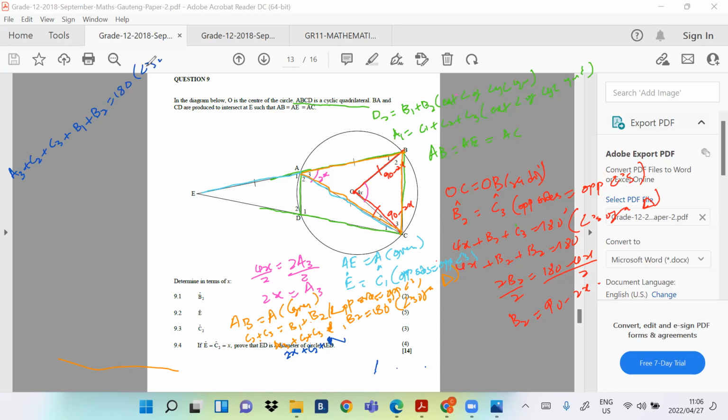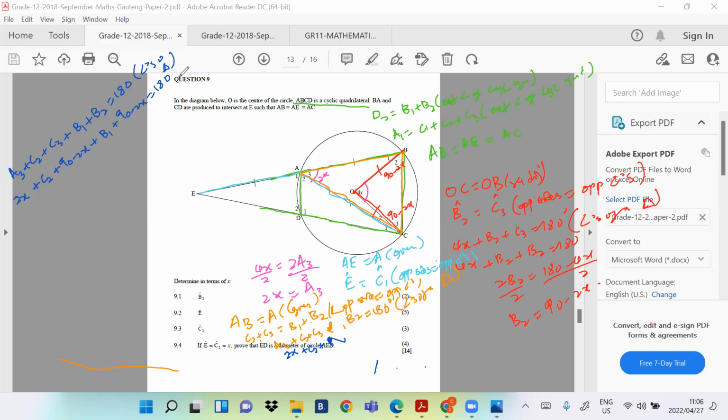We said these are angles of a triangle. Then A3 is 2x, C2 we don't know yet, C3 is 90 minus 2x, B1 we didn't calculate, B2 is 90 minus 2x. All this must equal 180.